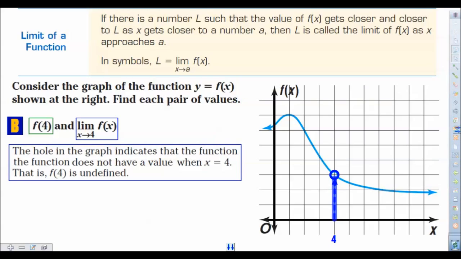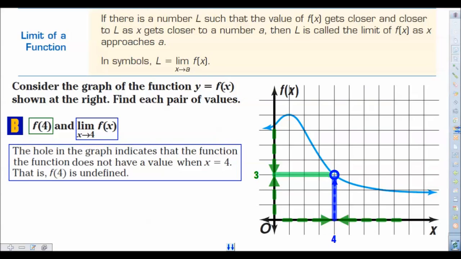Let's look at the limit though. If we go to the limit of f of x as x approaches 4, something different happens here from the previous problem. Notice as we start to squeeze in on 4, the y's can squeeze in on a value as well. And that value that we're squeezing in on would be about right there, and that value is 3.